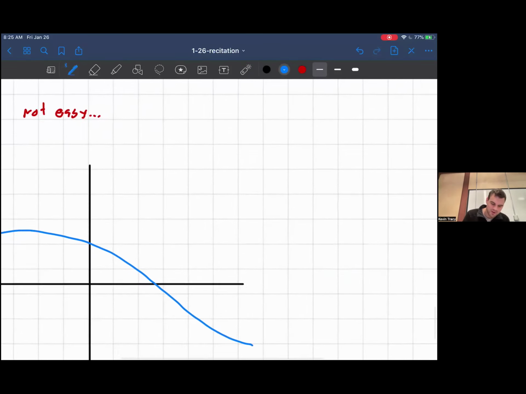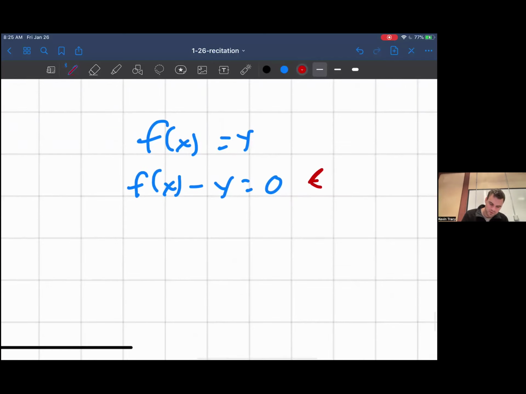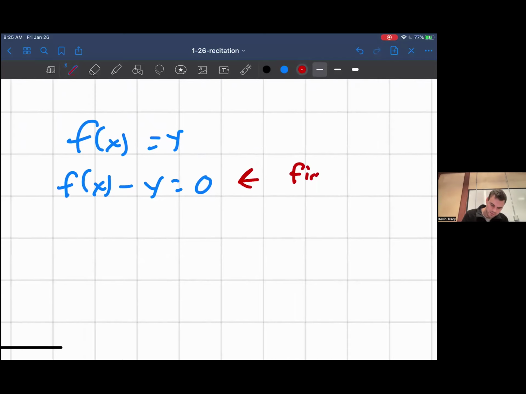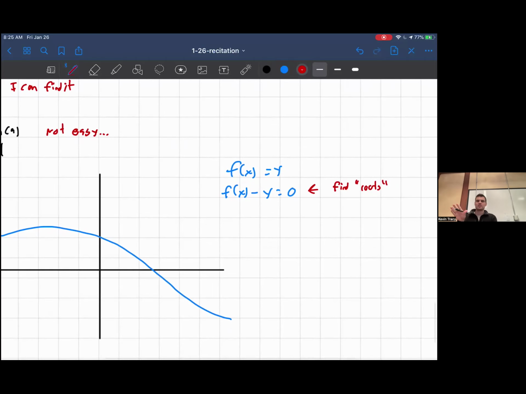So if I'm trying to solve f of x equals y, I really just want to solve f of x minus y equals 0, and find roots of this.